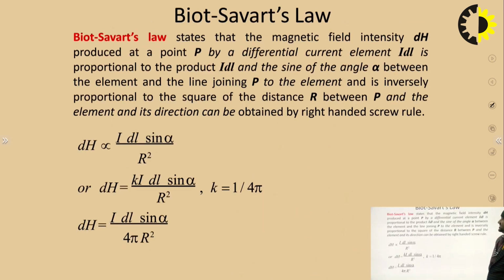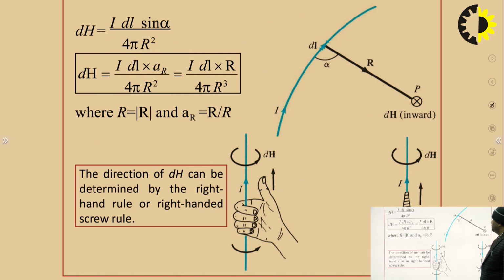The first very important question regarding this unit is the Biot-Savart law. What is the meaning of the Biot-Savart law? Suppose a current carrying conductor carries current I, and we take a filamentary element of length dl, so the filamentary element is I dl.